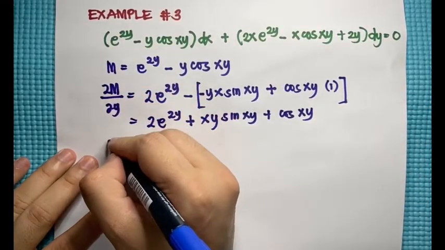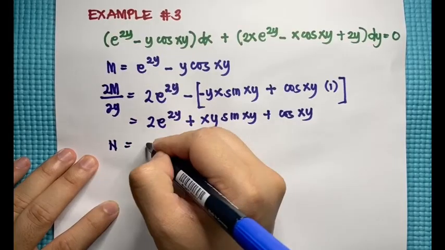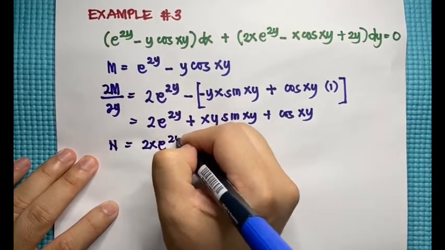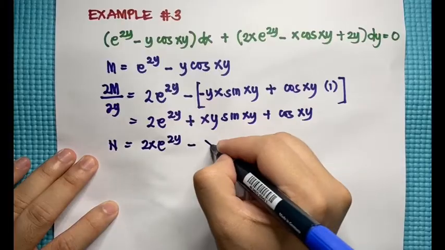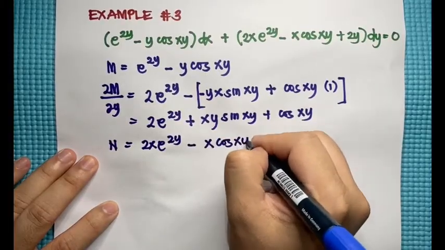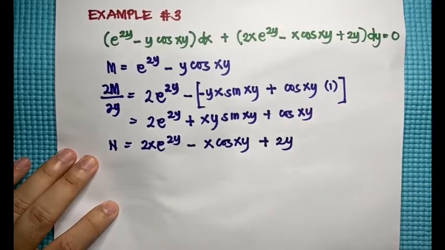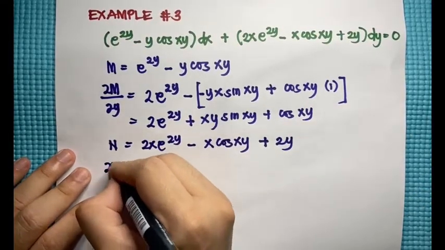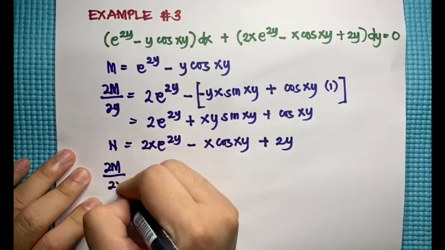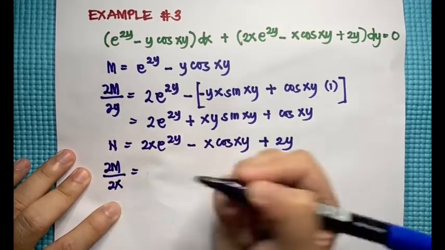Next, I'll have n to be equal to 2x e raised to 2y minus x cosine xy plus 2y, and deriving it this time with respect to x.